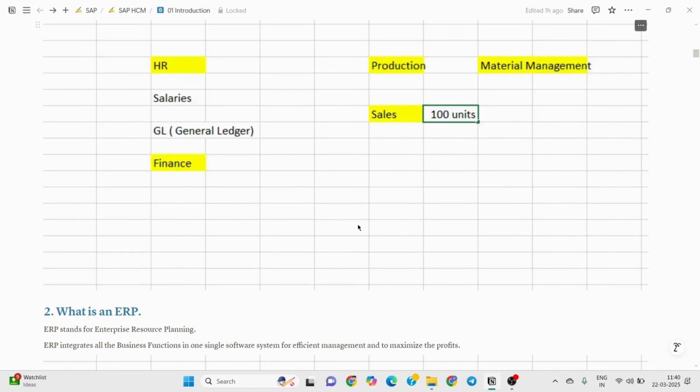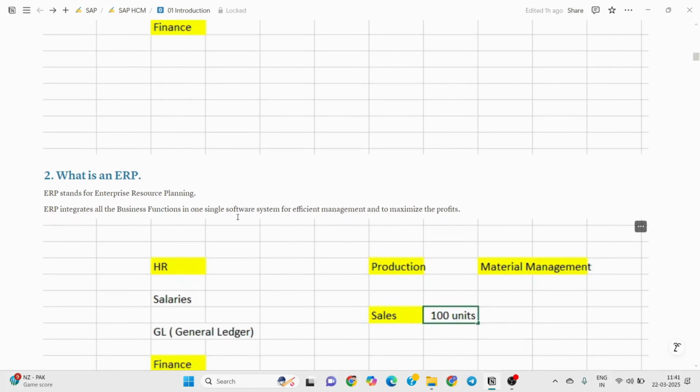But if these functions also come together digitally, that is also good for us. That is when ERP came into the market. ERP stands for enterprise resource planning. ERP integrates all the business functions I have discussed.